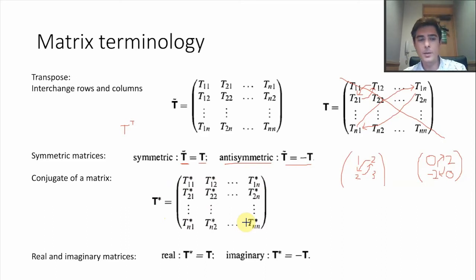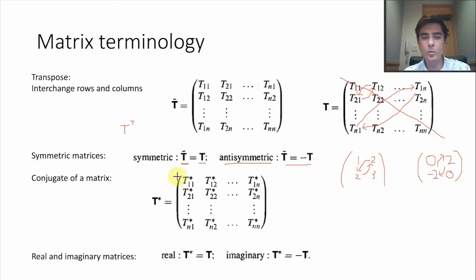Now, a bit like the transpose, there are special cases where the conjugate actually does nothing. These are, for example, the real matrices.